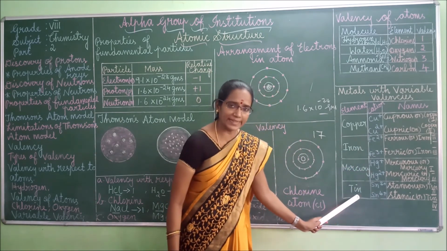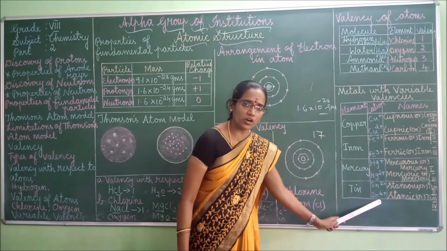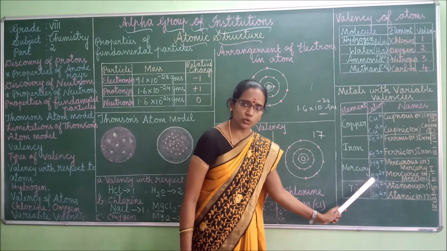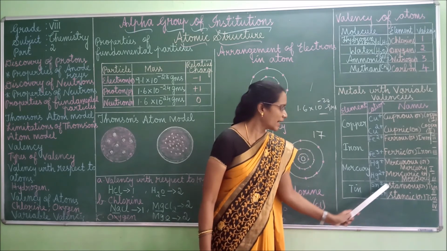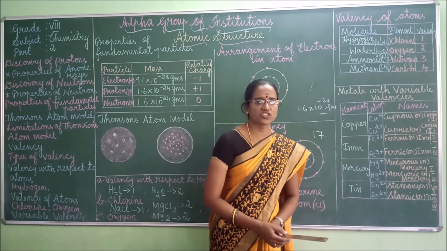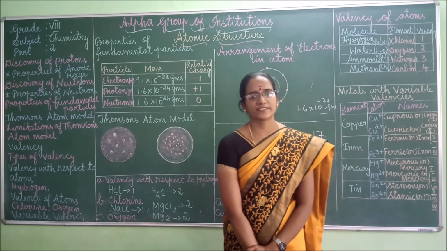Here if you take the tin element, you got Sn2+ as well as Sn4+, isn't it? So 4 valency is high when compared to 2. That's why we are adding the IC suffix here, and for Sn2+ we are adding the OUS suffix. Okay, children, in this manner we have to calculate the variable valency, right?